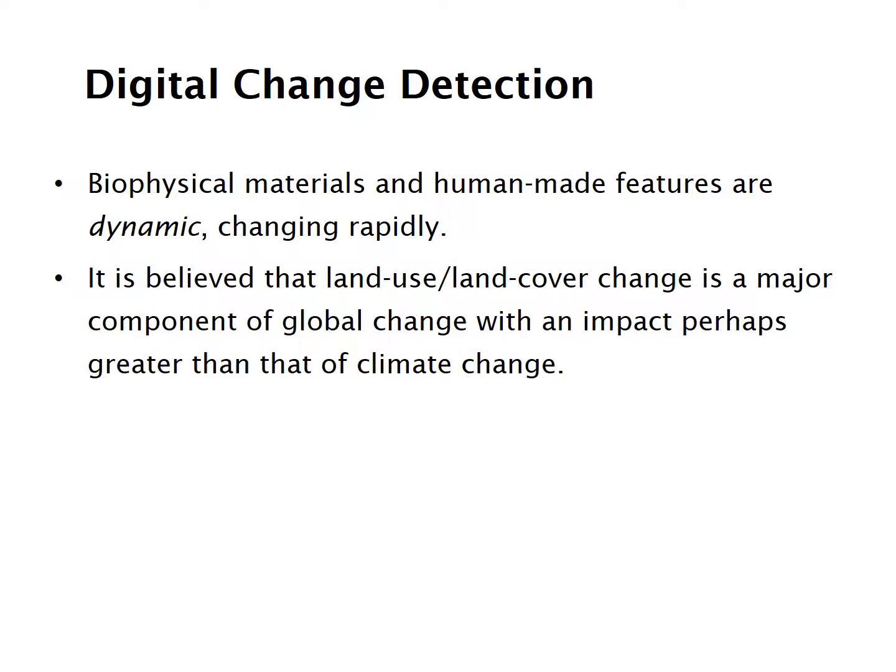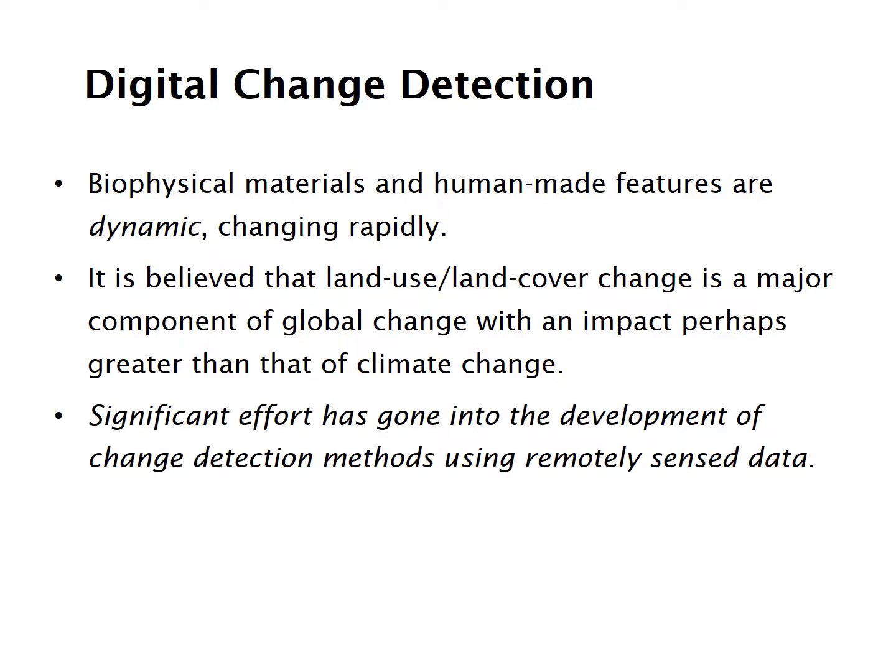How we use the land and what land cover, in other words, the vegetative existence that exists, it changes frequently. Sometimes. Other times it remains relatively constant. There's been a lot of effort into development of change detection methods using remote sense data.